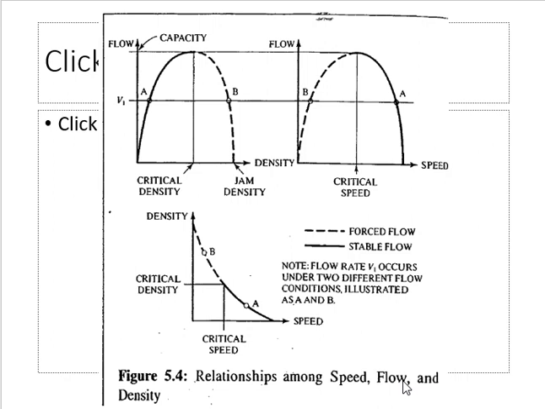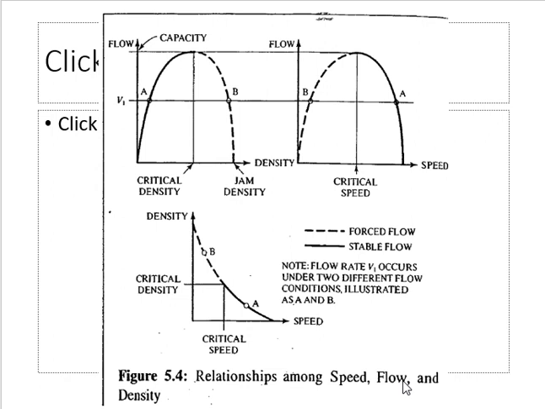Now we look at these three curves. These three curves explain the relationship between pairs of macroscopic parameters. Between each pair we have drawn a graph. The first one on the top is between flow and density. So what happens to flow when density changes?